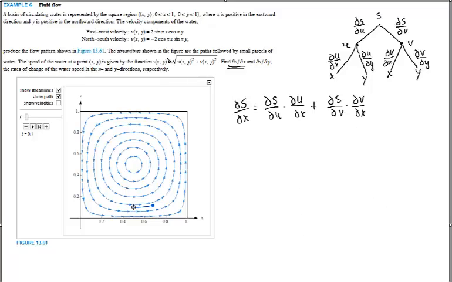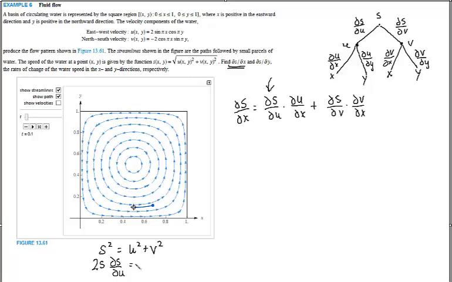Okay, this s function is a little messy. It might be easier to look at this function as s squared equals u squared plus v squared, and then because I would like to find this guy first, what I'll do is take the derivative of both sides with respect to u, so that would be 2s times the partial of s with respect to u.